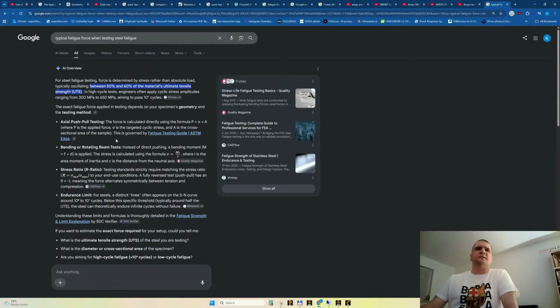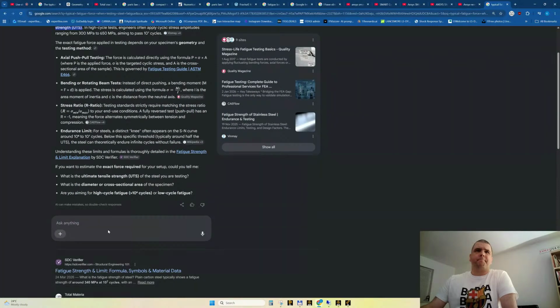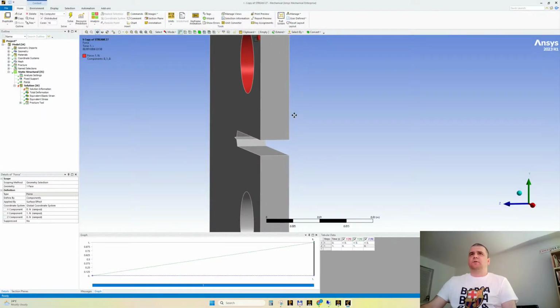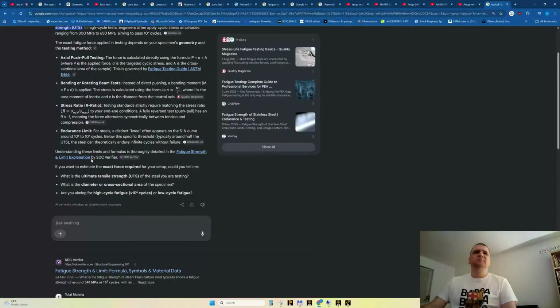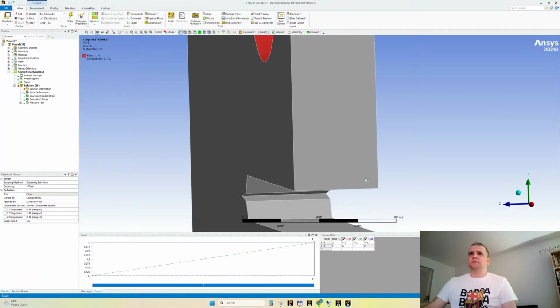No, it doesn't tell. The force is calculated directly using the formula, where P is the applied force and the targeted cyclic stress is multiplied by the cross-section area of the specimen. So let's tell it the cross section area. Let's see how much the cross section is.